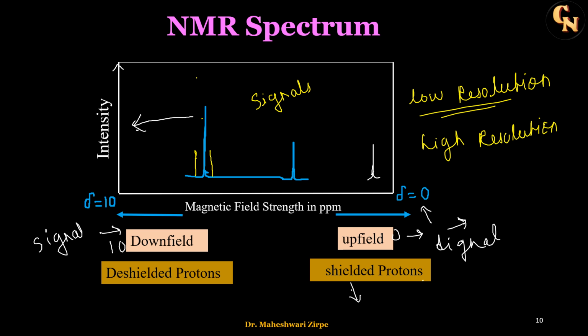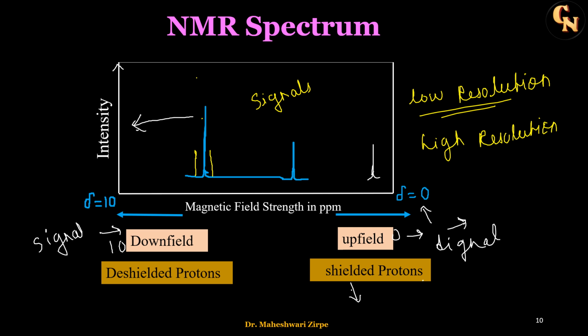If such atoms are present in the neighboring carbon, or the surrounding environment, then such protons will be called de-shielded protons. Now we can easily understand this using examples. The next numericals we are going to solve are based on these de-shielded and shielded protons, and how the signal looks.